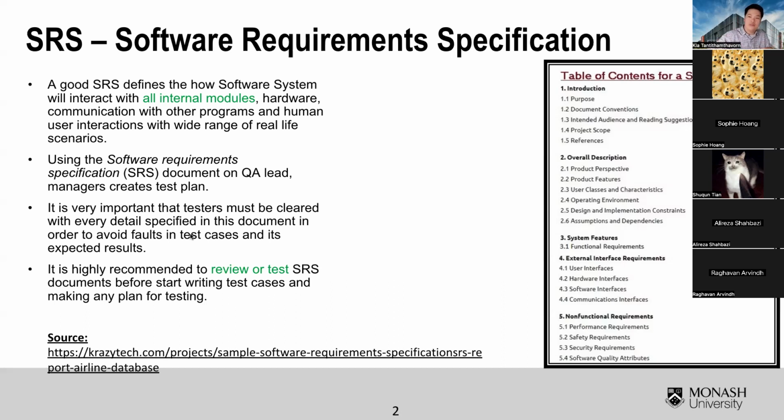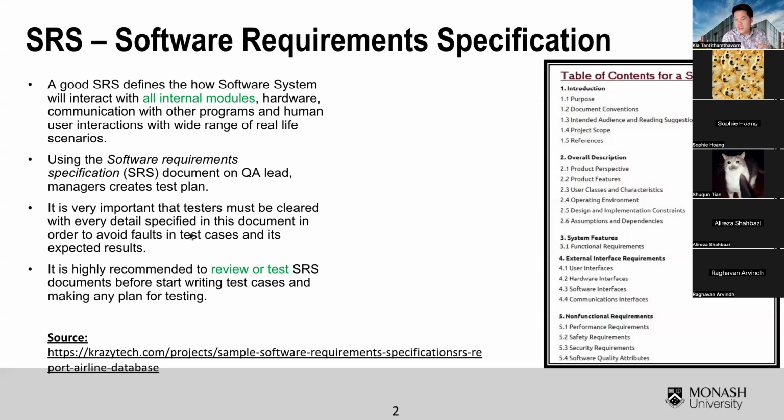And then in section 2 we talk about the overall description. What is the perspective of the product? What are the main features? What are the user classes and characteristics? What is the operating environment? Whether it is within Android devices only, or Apple devices as well, or cross-platform, that kind of thing.